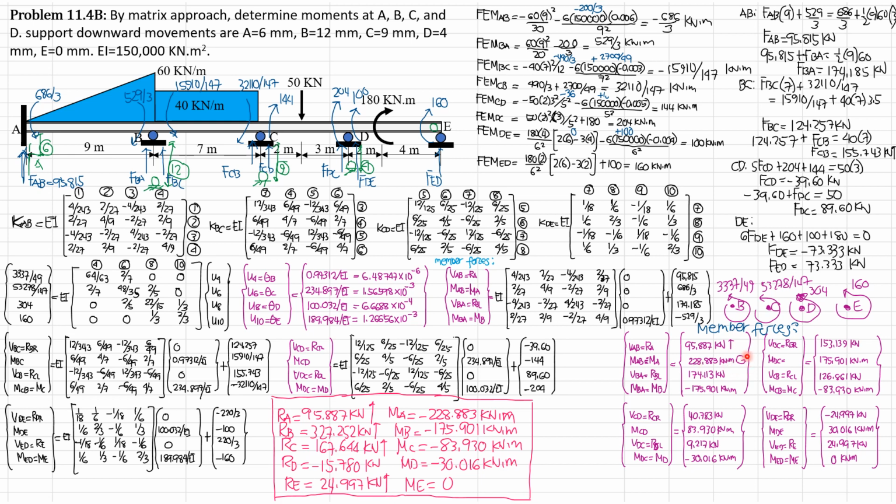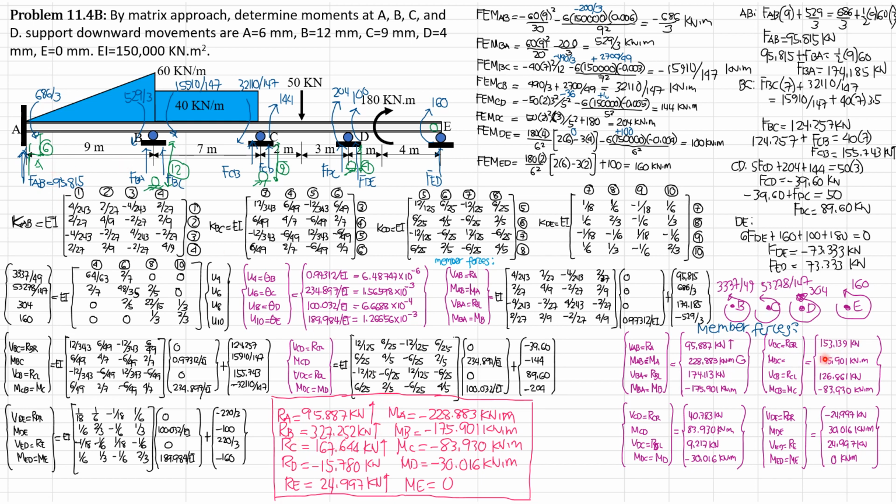This is positive because it is counterclockwise. In the classical methods, it should be negative because at A, clockwise should be positive. Since this is counterclockwise, positive in matrix, so it is negative in moment AB.